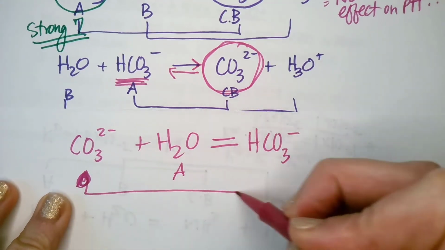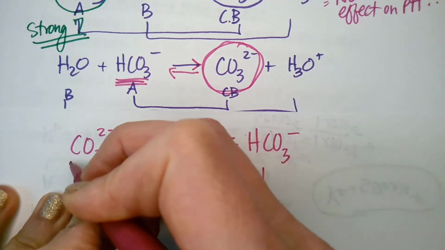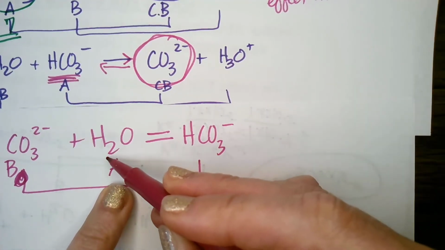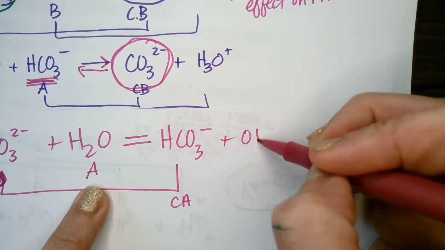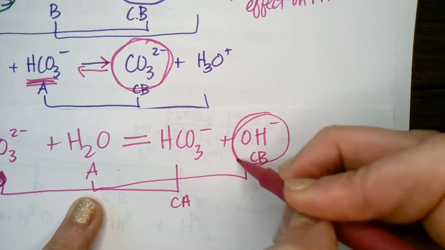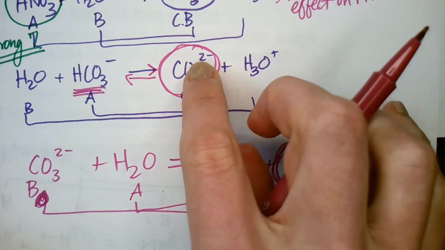It's going to grab another H, become HCO3 minus again. It's going to regenerate back to the parent acid, leaving water, since it just donated, with OH minus. That's our conjugate base here.